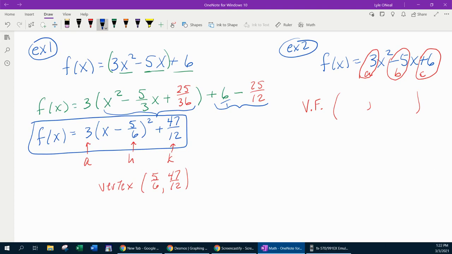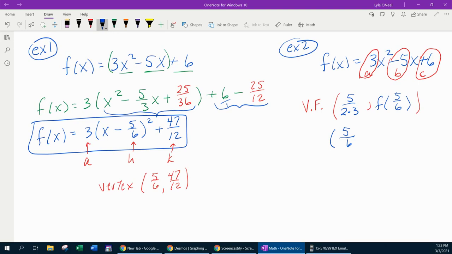Since b is already negative, that's going to make that positive 5. That's minus b over 2a, and then f of whatever we get from that value. So 5 over 2 times 3, that's going to simplify to 5/6, and then we're going to have to do f of 5/6.